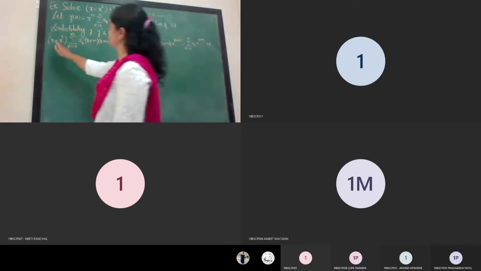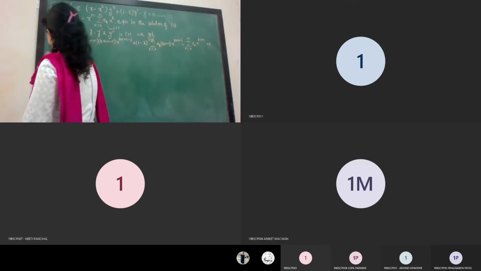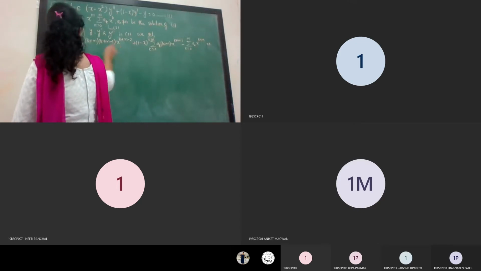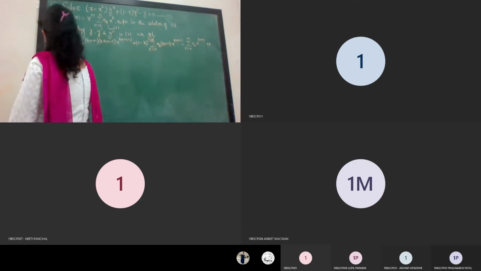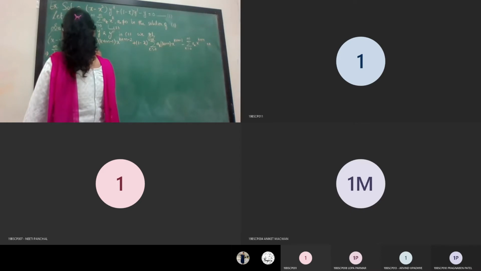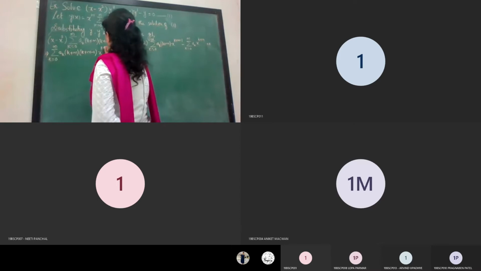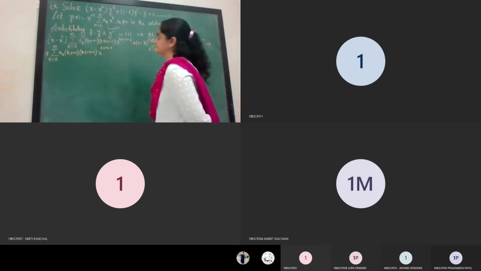So let us simplify this with all other quantities. When I multiply this x with this one, the series will be ak k plus n minus 1 x raised to k plus n minus 2 plus 1, so just minus 1.